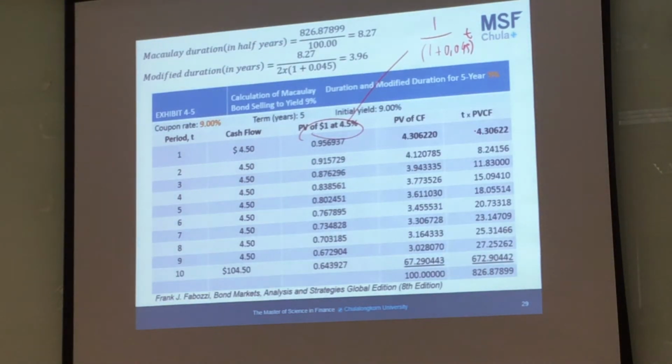Okay, so this is 1 multiplied by this, and so on, right?